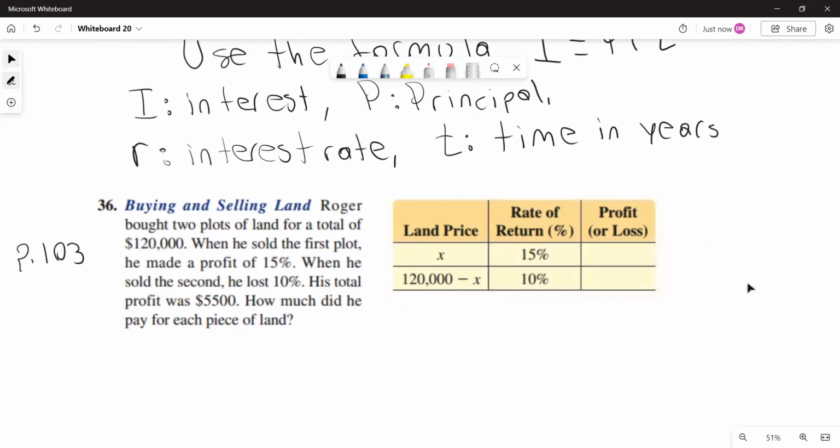When he sold the first plot, he made a profit of 15%. When he sold the second, he lost 10%. His total profit was 5,500. How much did he pay for each piece of land?